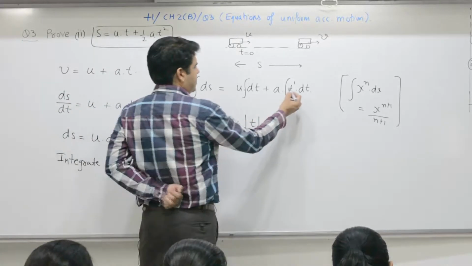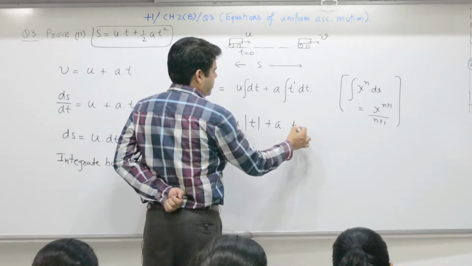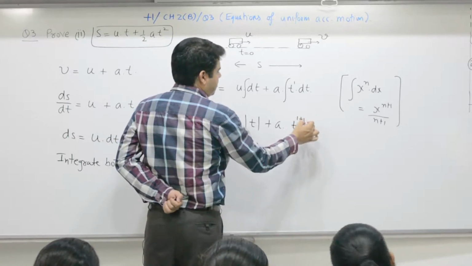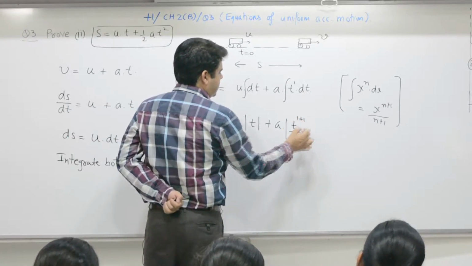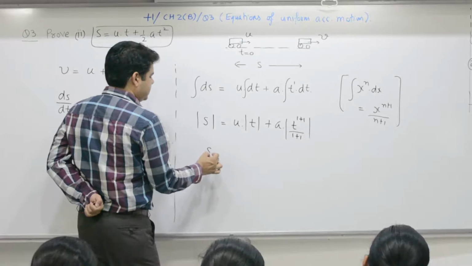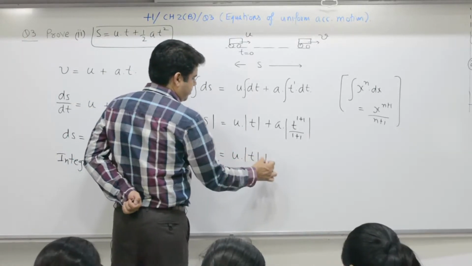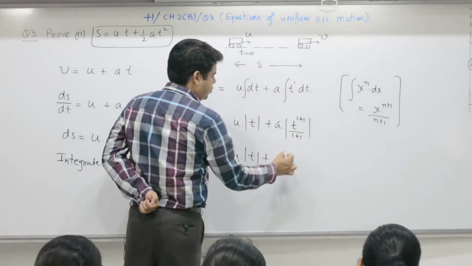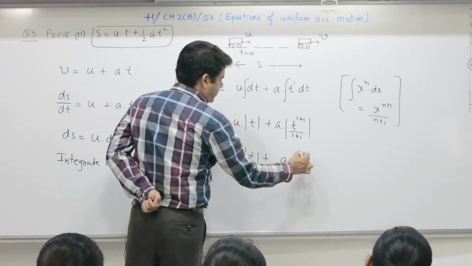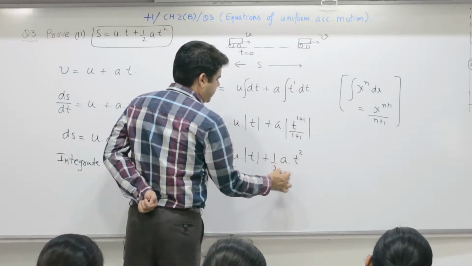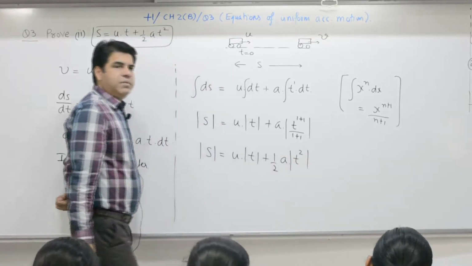And now you have to apply for this. T is power 1, T is power 1 plus 1 over 1 plus 1. What you get is S is equal to ut plus T square by 2. T is power 2 by 2, I can write it like this. Limits.